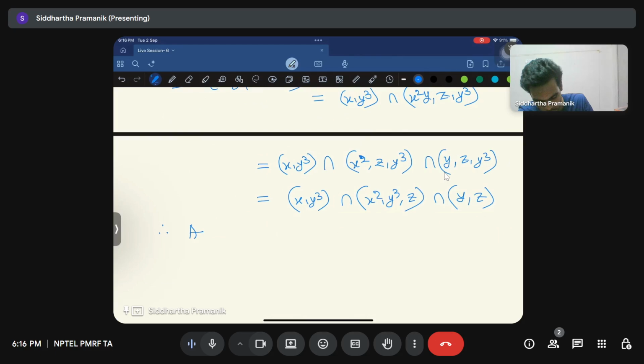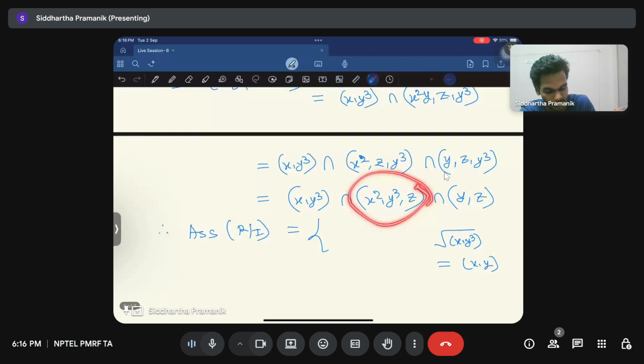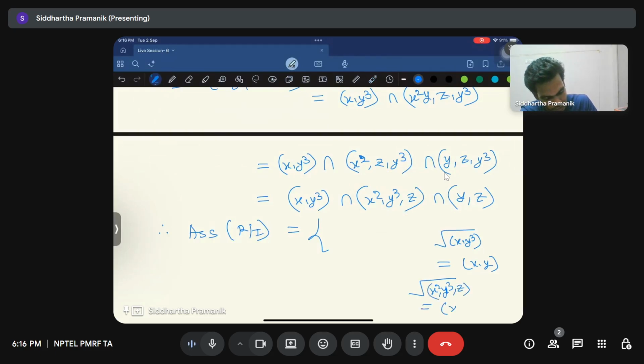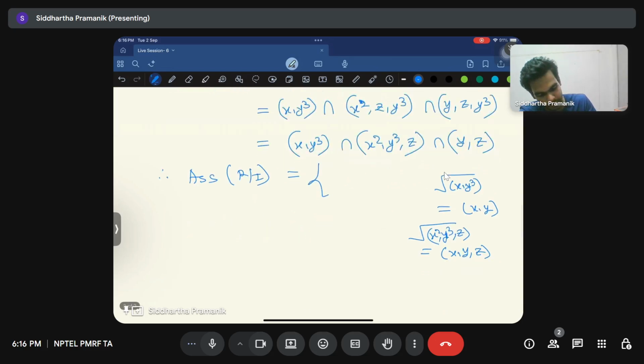So what is the set of all associated primes of R mod I? So associated primes will be radicals of these primary ideals. So (y, z) is itself prime, so its radical is itself. Radical of (x, yq) is basically the ideal generated by x, y, and radical of the m-primary ideal, the maximal ideal (x square, yq, z), is basically (x, y, z), and the third one is itself radical because it is itself prime.